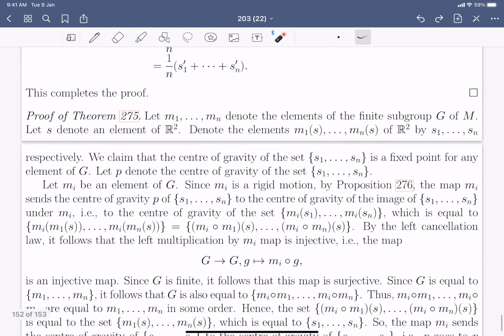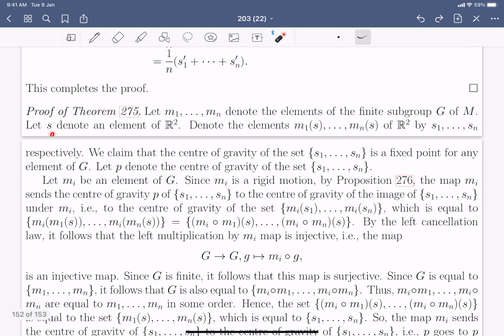So we fix a point S of R2, and we enumerate the elements of G as M1, M2 up to Mn. Now look at the image of this point S under the elements of G.